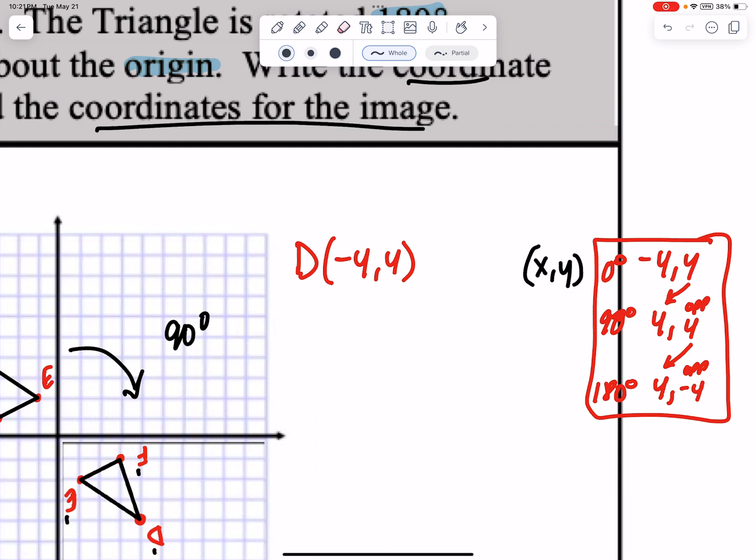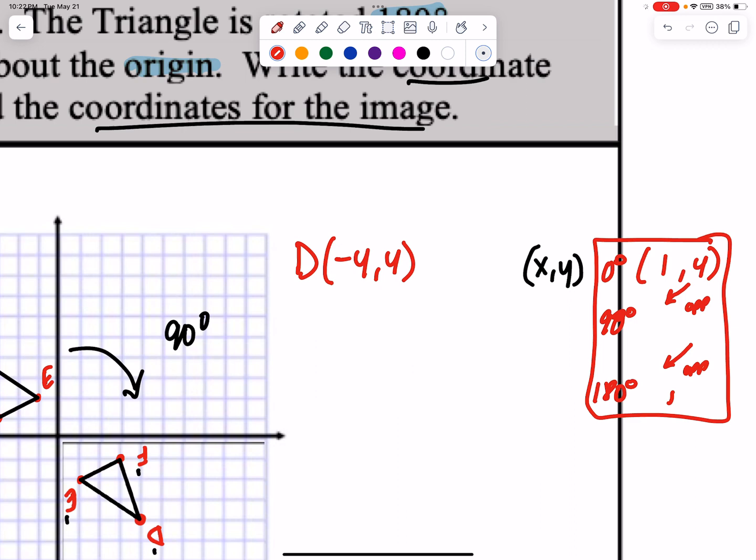I think the best way to do it is always make sure we're not using the same numbers, because it's really easy to lose track of what happened, okay? So let's always not use a 4 and a 4, use like the 1 and the 4 or something like that.